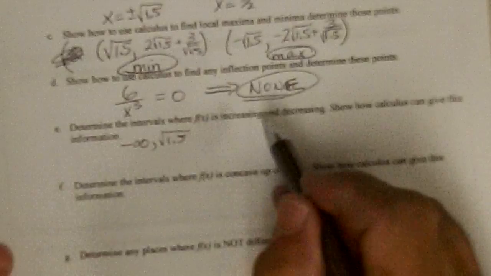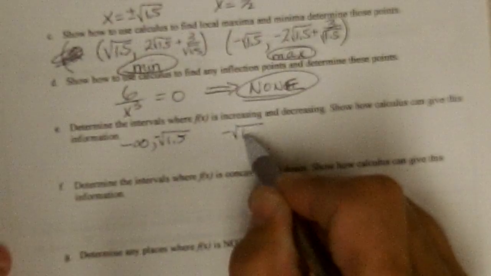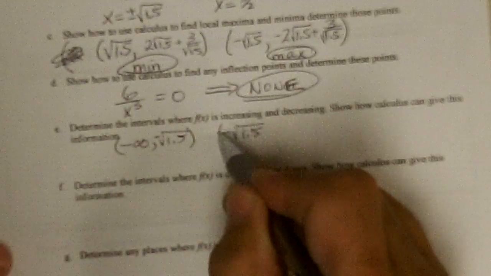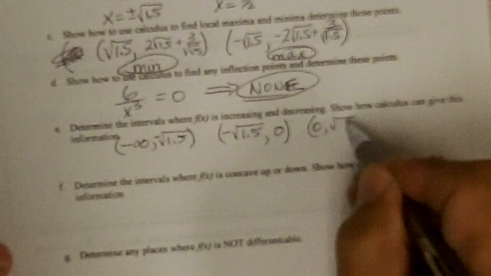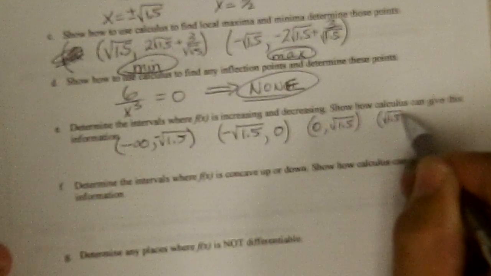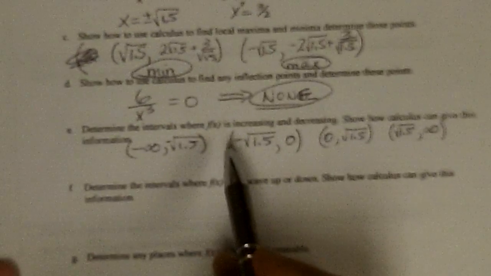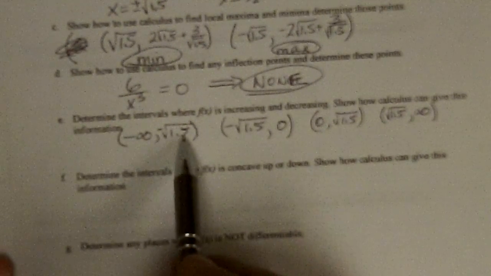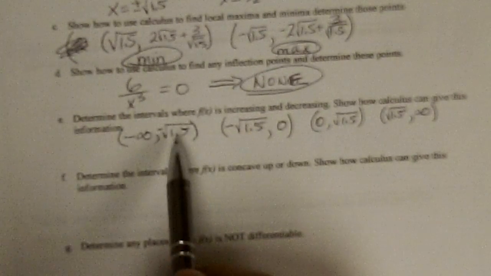Then we have from there to the asymptote, which is at 0, negative 1.5, and then from negative square root of 1.5 to 0, then from 0 to square root of 1.5, and then from square root of 1.5 to infinity. And if we put something in this interval into the first derivative, we can find out whether it's increasing or not.